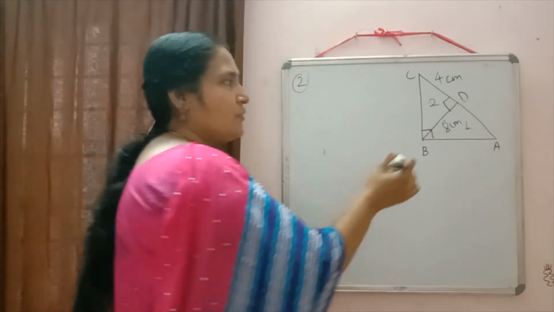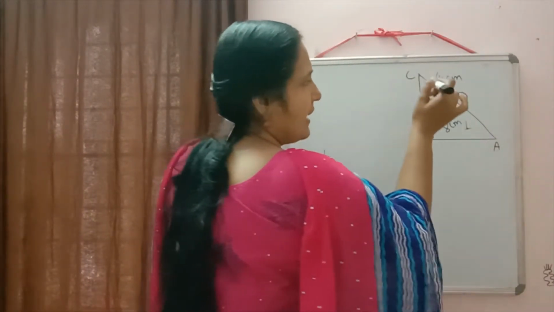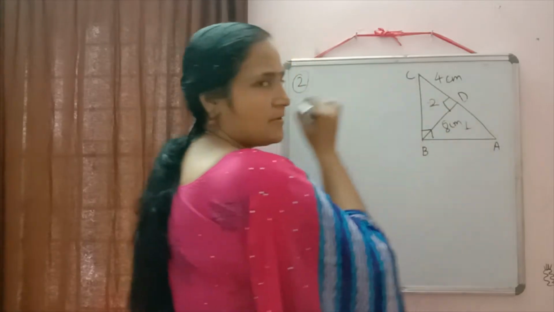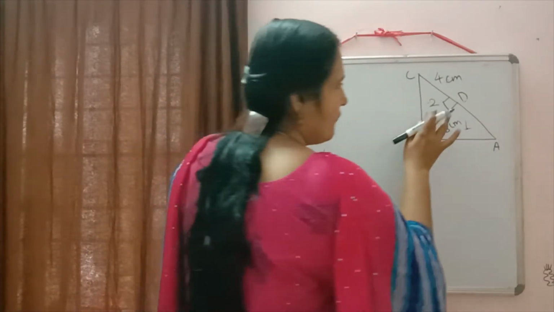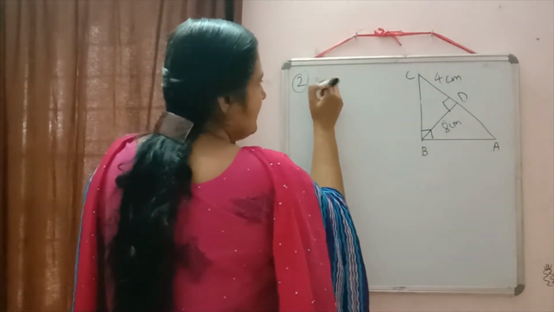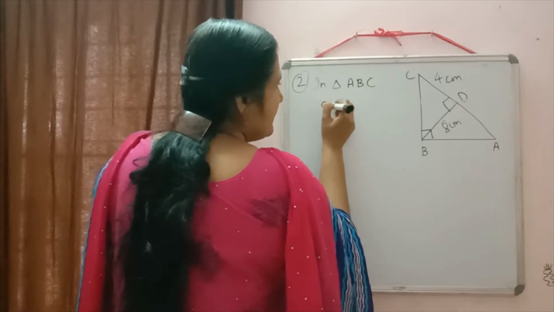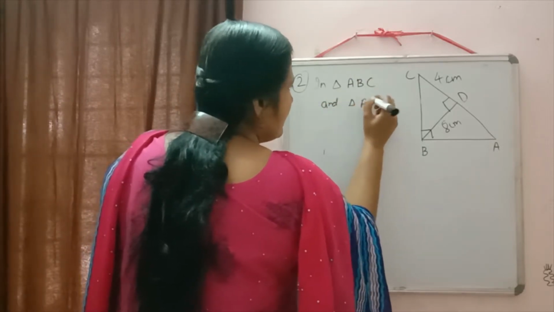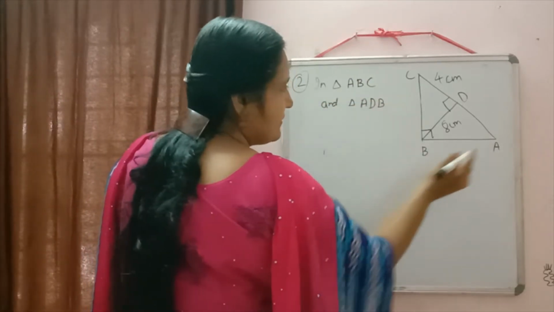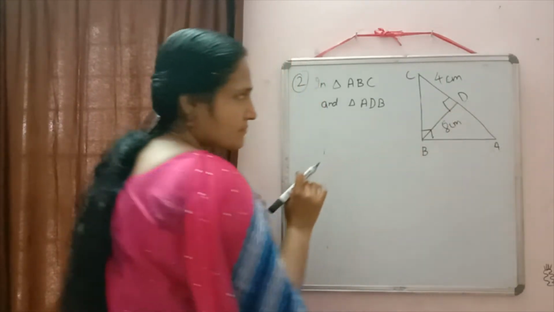First I am going to prove this triangle is similar to triangle ABC and triangle 2 also similar to triangle ABC. Now we will check how we will do that one. Okay, so just write down there, in triangle ABC and triangle ADB.